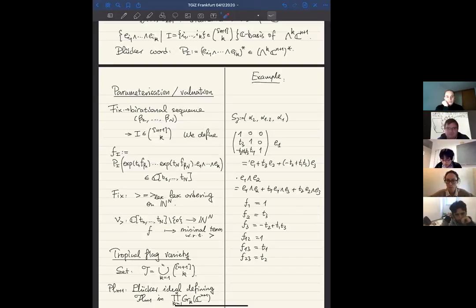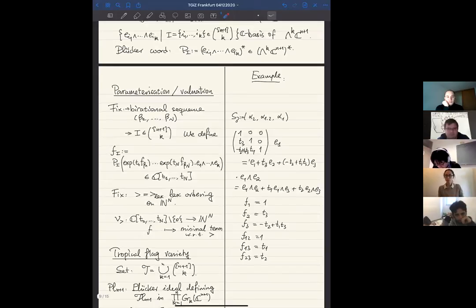If I take a polynomial f, I will send it to the minimal term with respect to the ordering. So this is a change, because previously I took max, here I take min. I personally understand this as in the Newton-Okounkov and the tropical, there is a min-max change or a sign change, as you can see from different work by Kaveh and others on Grassmannians.